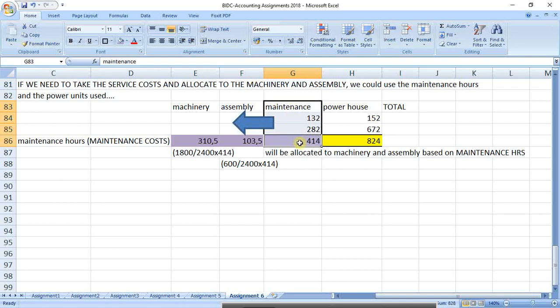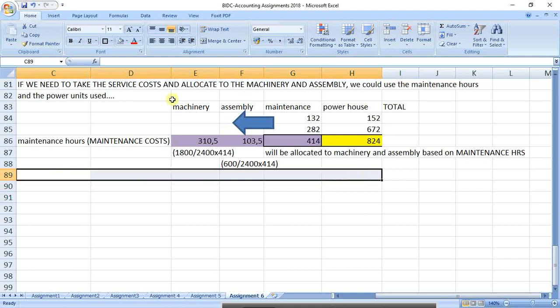Okay, because look at the totals. How many units of power does the maintenance use? 600. How much power does the assembly use? 1,200. How much power does the machine use? 4,200. Exactly. Good. Okay, so let's allocate. Next line.